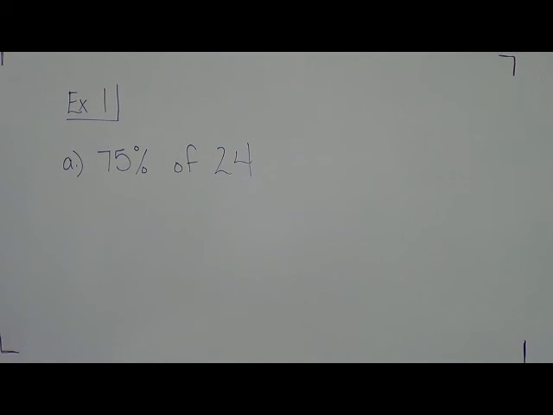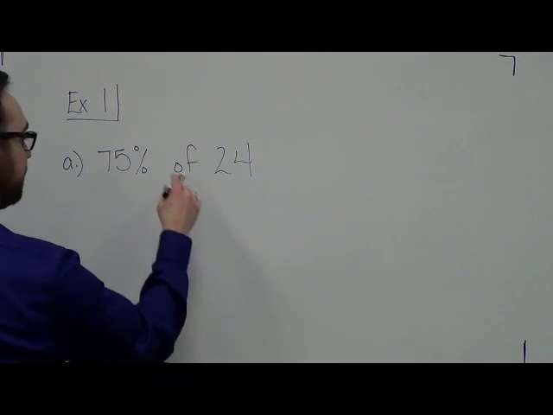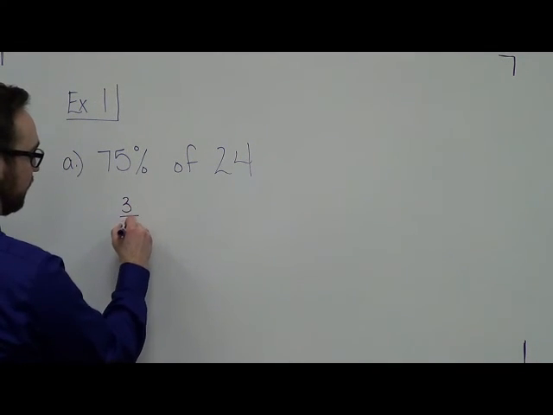So again, this is going to be similar to that last section we did, which we watched the online video about doing the percent proportion. So of indicates that that's our whole. So 24 is the whole. We have our percent, and so we're looking for the part. We're not going to go through the whole thing of finding the percent proportion because 75% is one of our easy fractions.